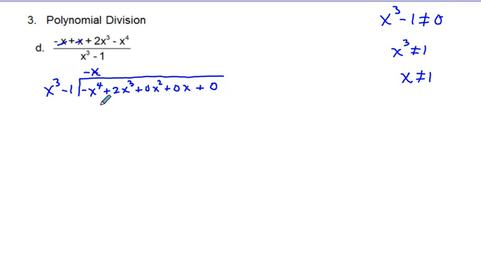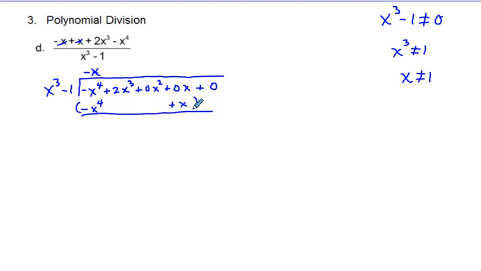Negative x times x cubed is going to be negative x to the fourth power, and negative x times negative 1 is going to be plus x. And we're going to subtract everything here.